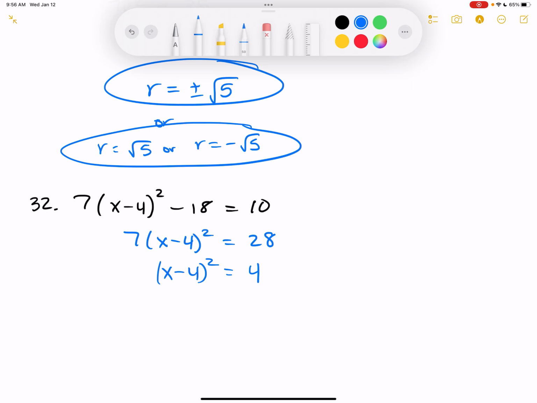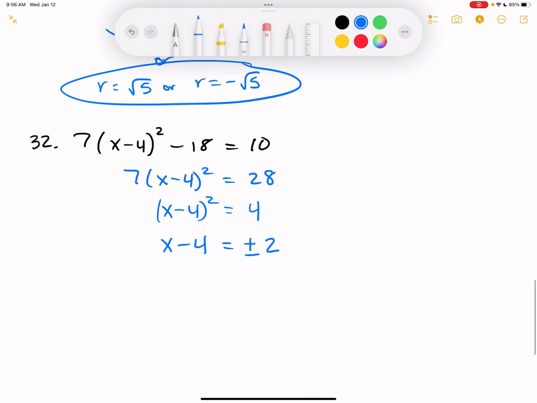Okay, so then I'm left with, on the left, x minus 4 is equal to plus or minus the square root of 4, which is 2. But I'm not done now. x still isn't by itself. So this one has to be set up as two separate problems.